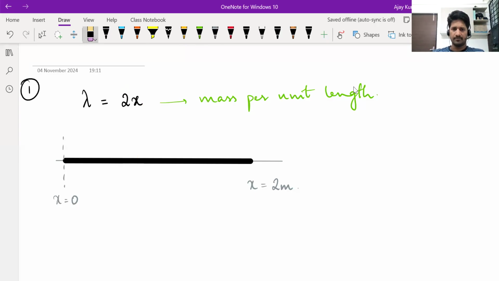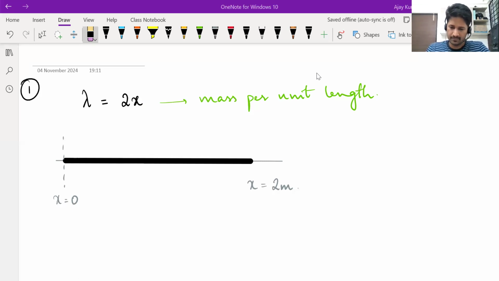One of you tell me, which side of the rod is heavier, the right side or the left side? Which half of the rod do you think is heavier, and why? Right side. Right half is heavier. Aishwarya, how do you justify that?